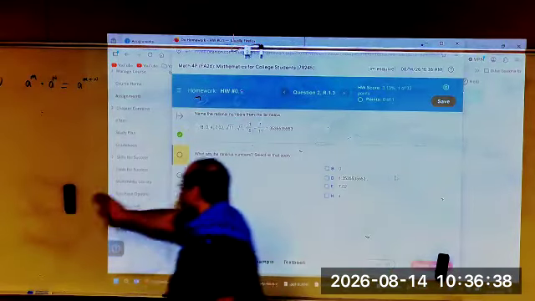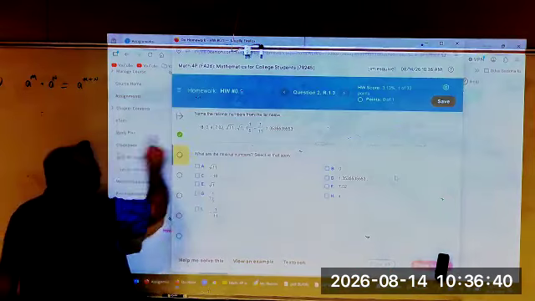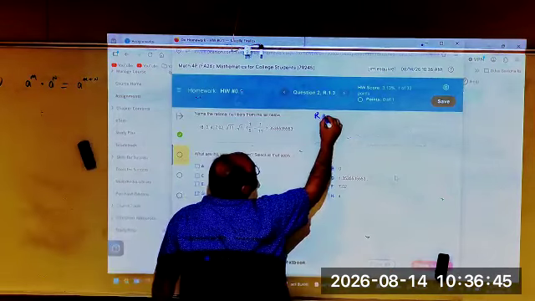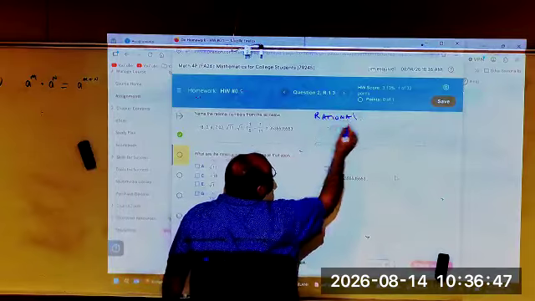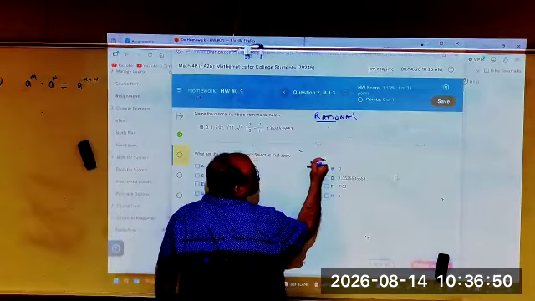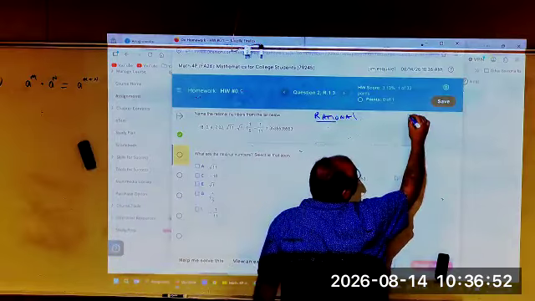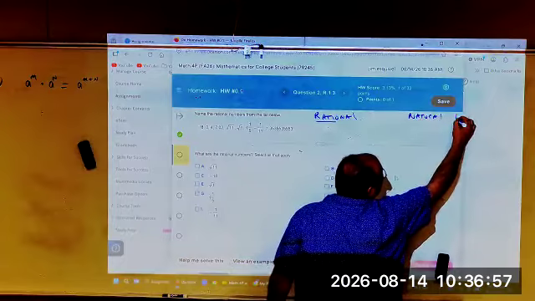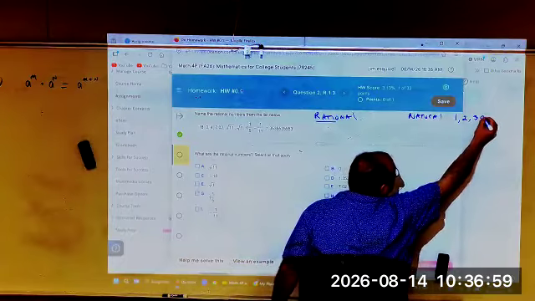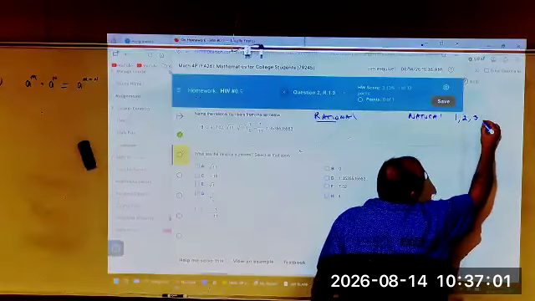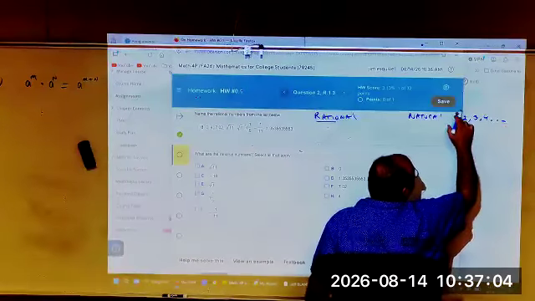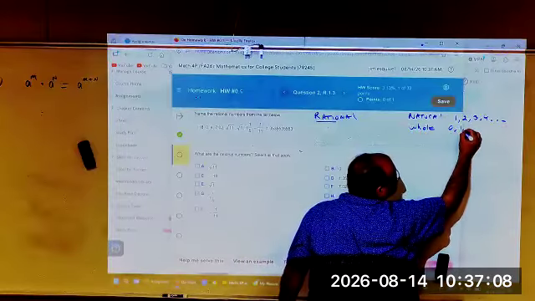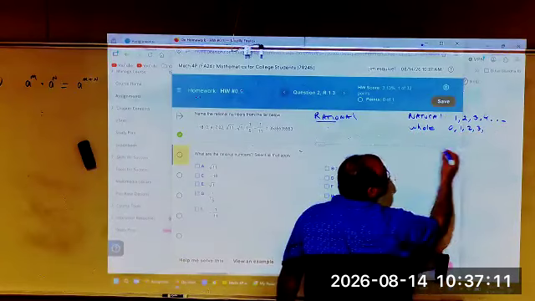Rational numbers. The key word in rational is the word ratio. Our number system goes natural, which starts with 1. There's no 0, they're all positive. Then the whole numbers start from 0, no negatives.